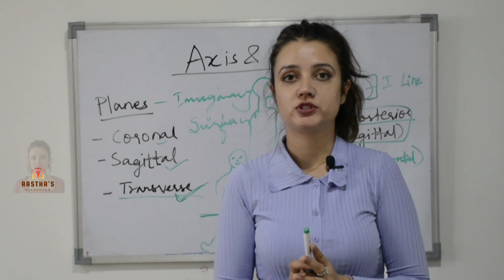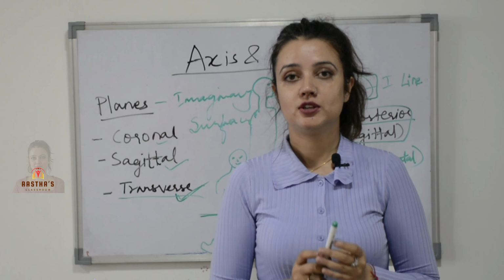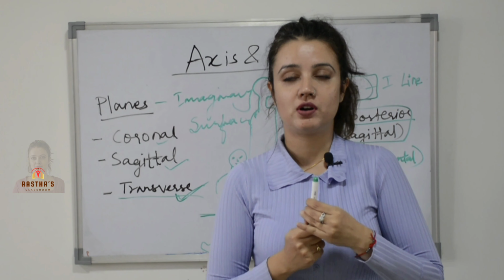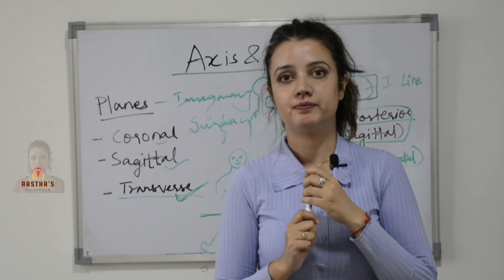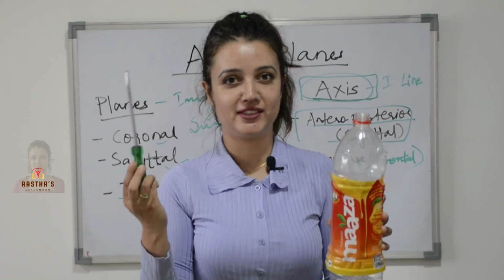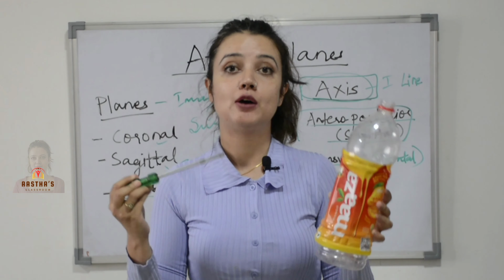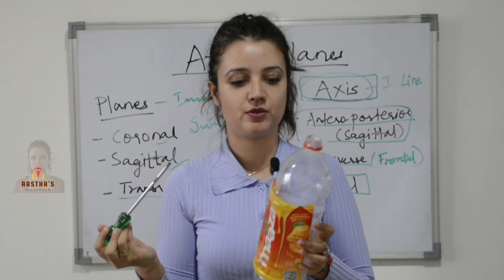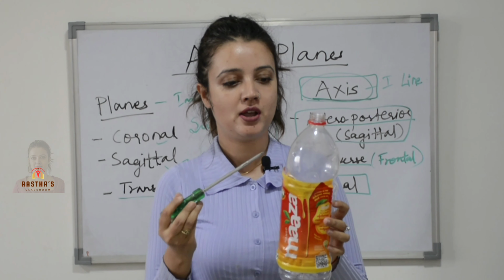Now it is very important to understand which movement occurs in which axis. To make it more understandable and clear, I'm going to do a small demo with a bottle and this screwdriver, to explain how the movement occurs in which axis. If you have something like this, you can just use it. I made it on my own.